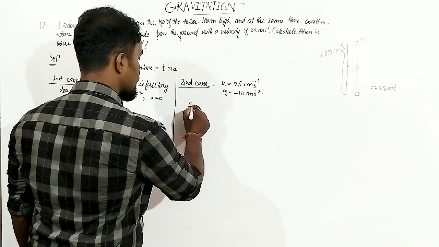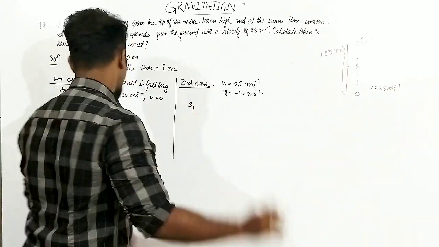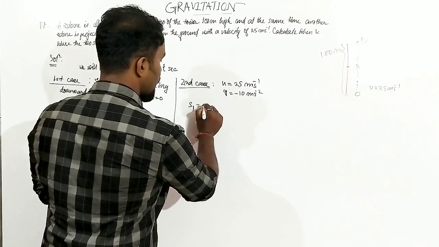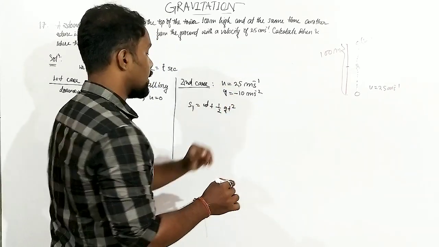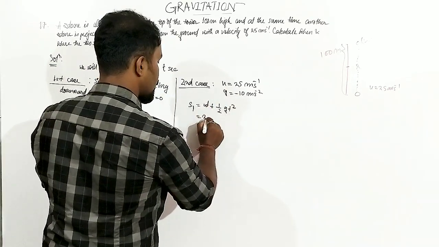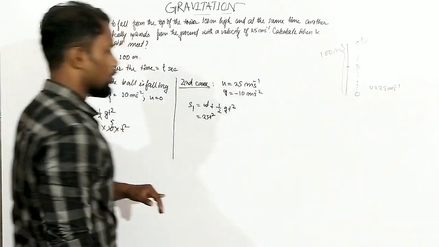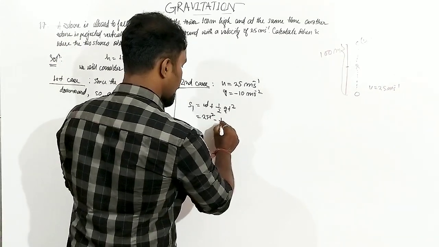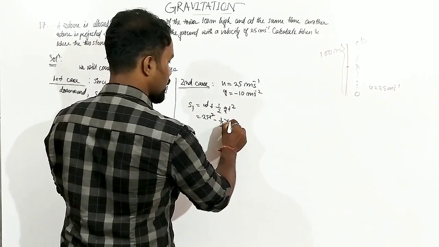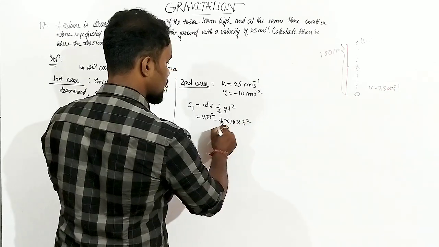So we will consider S1 or S dash. You can consider this S, it is S1. So here ut plus half of gt square. Now the height is, u is given, so we can write 25 t square, right? And minus, since g is negative, 10 t square, that is 5.